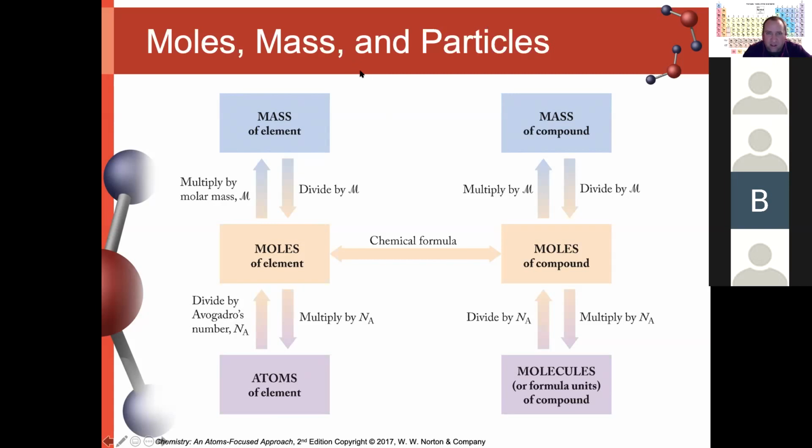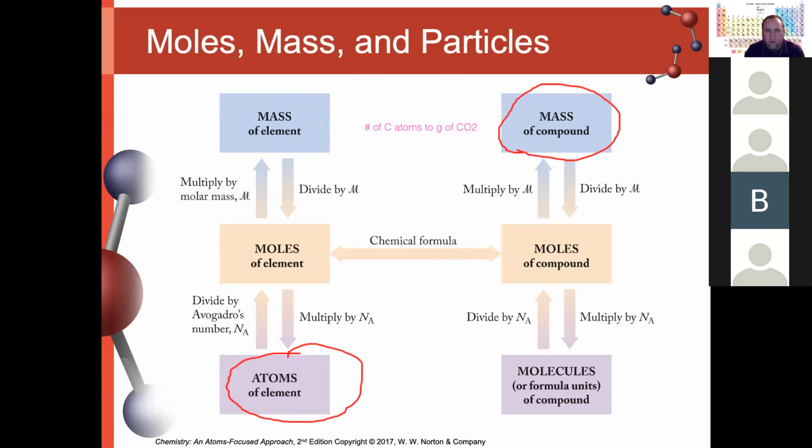And it works something like this. Let's imagine for a second that I needed to calculate the mass of a compound based upon the number of atoms of a particular element. So let's say I want to go from the number of carbon atoms to grams of carbon dioxide.